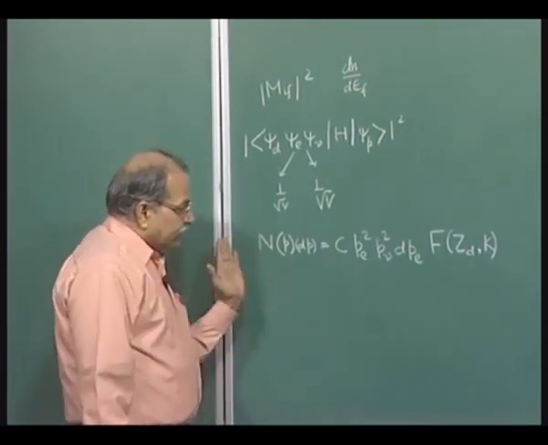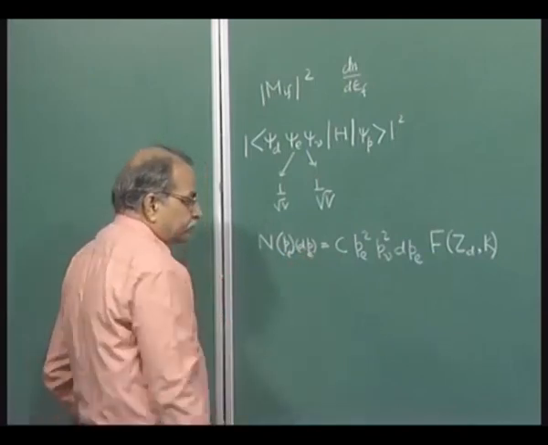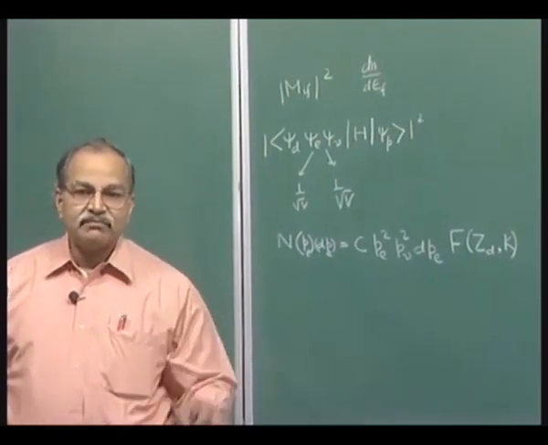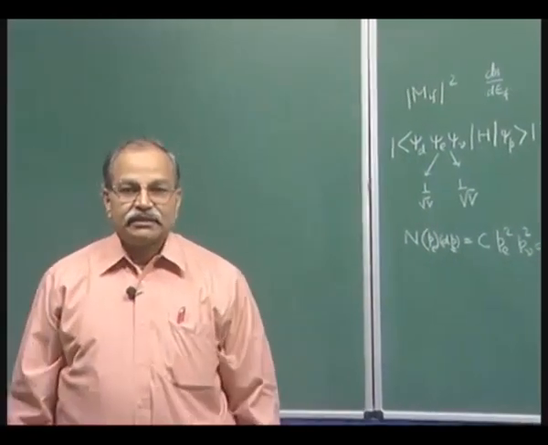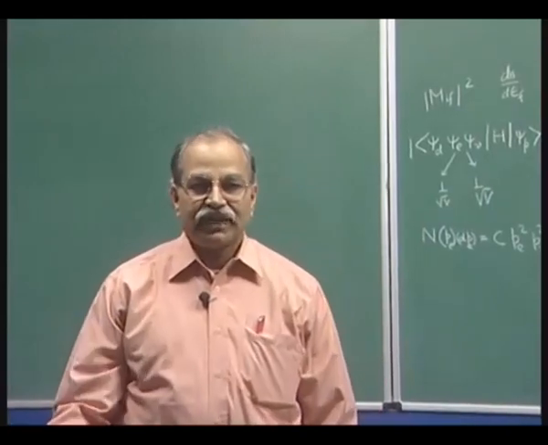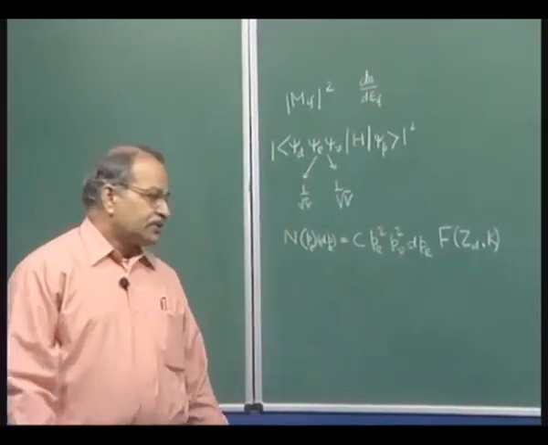This is the momentum distribution. If you plot the number of electrons as a function of the magnitude of the momentum p, then you will have this kind of relation.